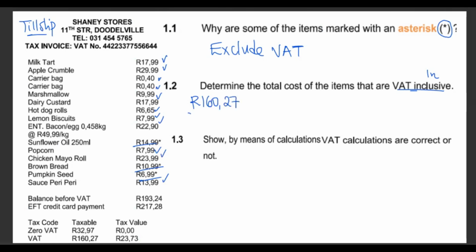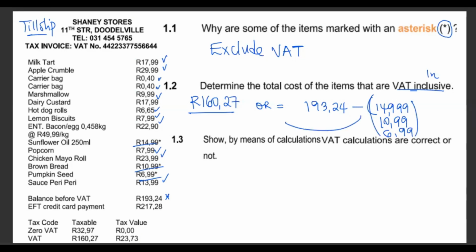The simplest way to do it is to get that amount, minus the ones without VAT. When you subtract them, it will lead you to the same answer.